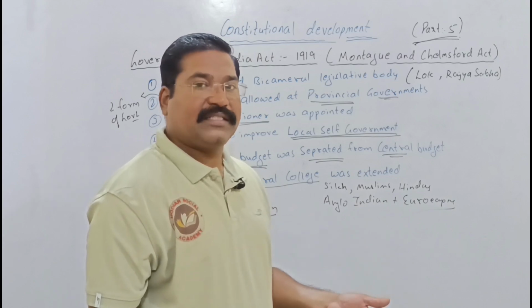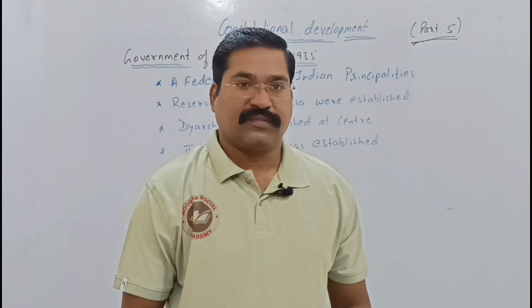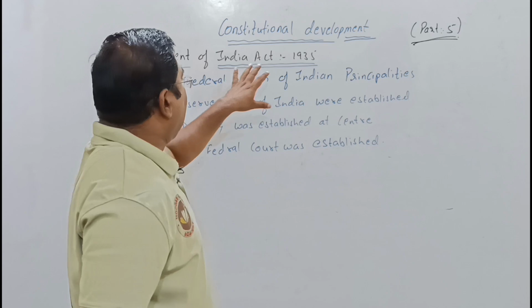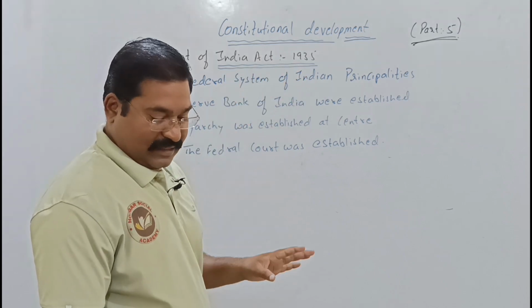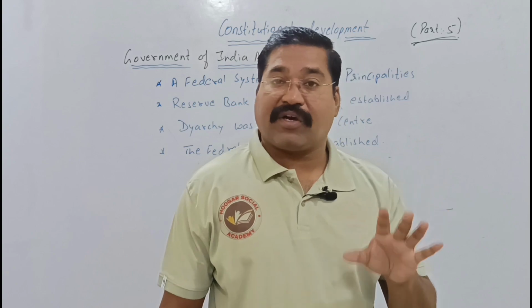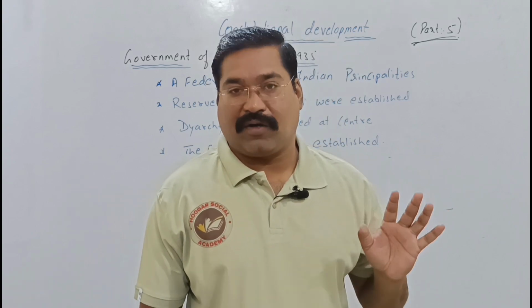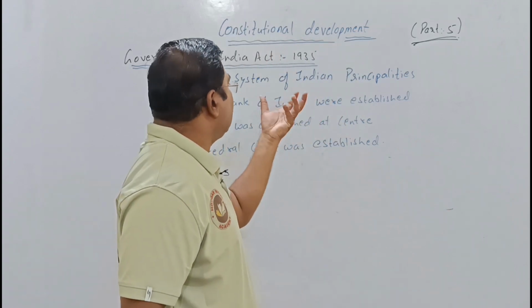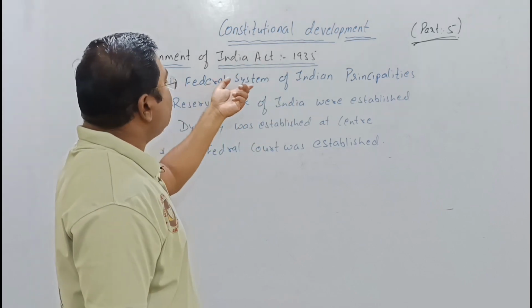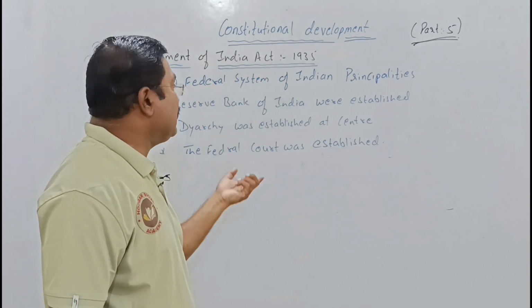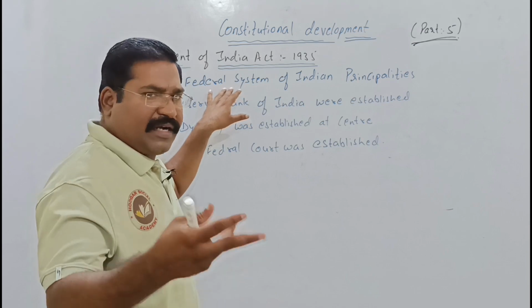Now in our next, the 1935 Act, what does it say, let us see. Government of India Act 1935. This act acted as the base for the formation of the Indian Constitution. A federal system of Indian principalities. Federal itself says what?